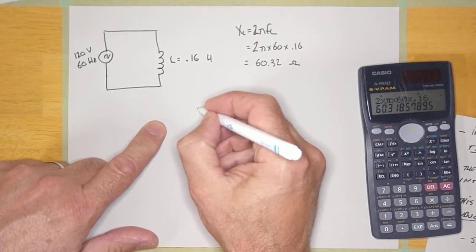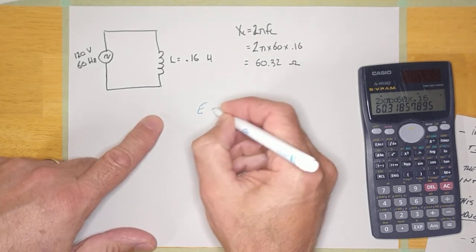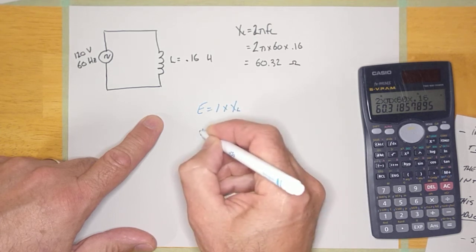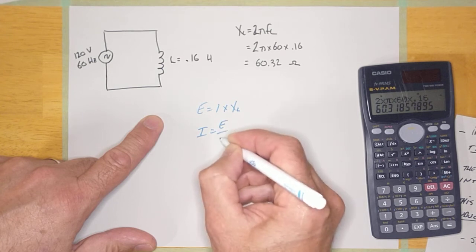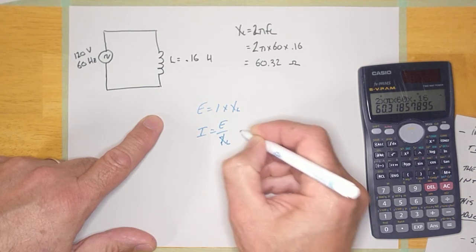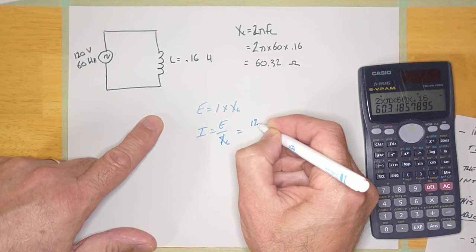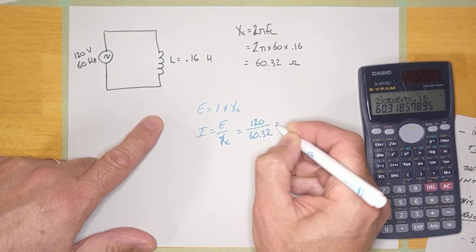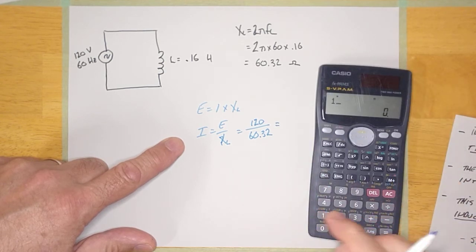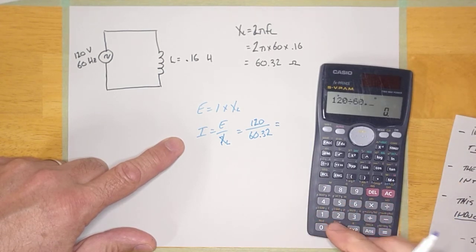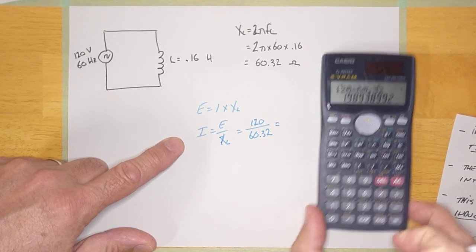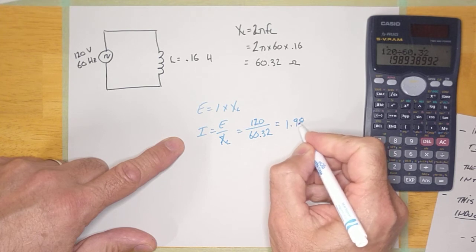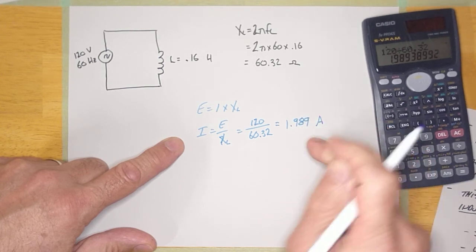So if I wanted to calculate the current in this circuit, E is going to be I times XL, which means I is going to be E over XL, and so it is going to be 120 over whatever it is in the circuit limiting current. Let's try that. 120 divided by 60.32 equals 1.989 amps flowing in the circuit.